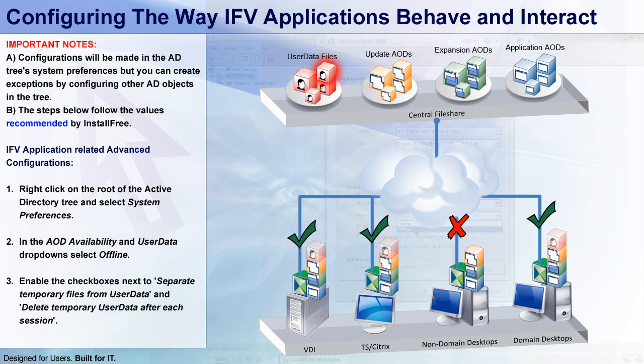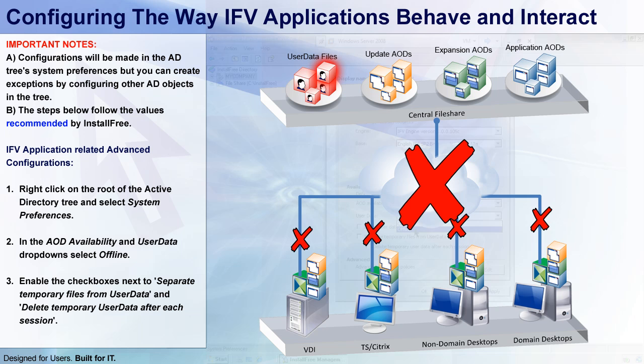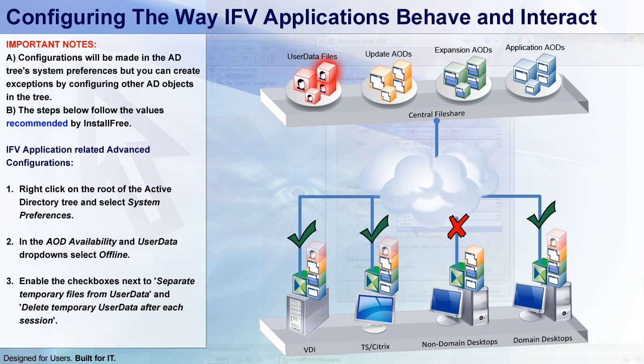But again, this will require users to be connected at all times and will not work on HTTP connections. So again, it's very important to emphasize, you should choose online only if you don't need to allow offline users to use virtual applications. Now, the offline user data, however, will keep only one copy of the user's user data on each host from which the user logs in.